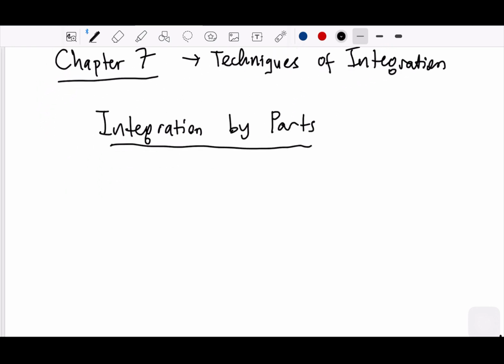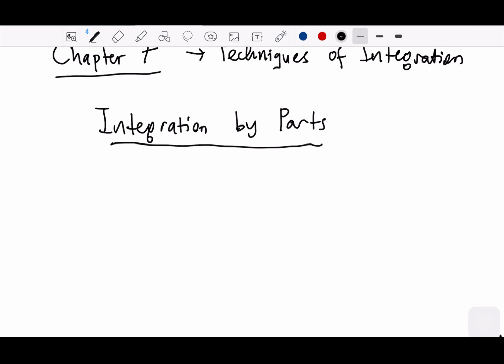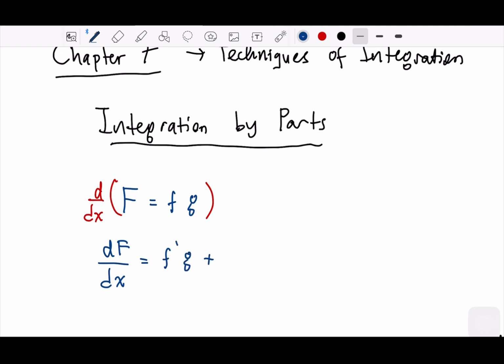Okay, so first, if we remember the derivatives, let's say we have these definitions, and then we are going to derive these equations. We say that d/dx of fg will be the product rule, right? So let me write f prime g plus g prime f.